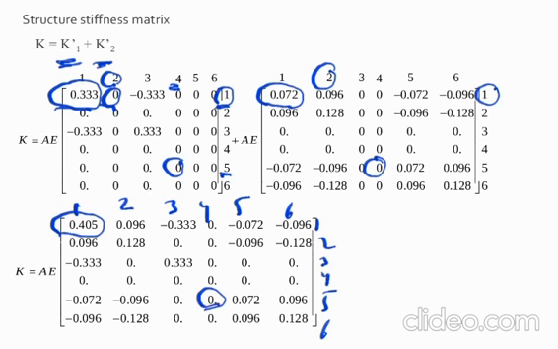When we sum the matrix, just follow the global system numbers that we gave for each one.